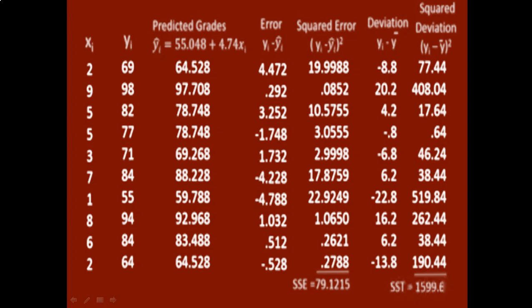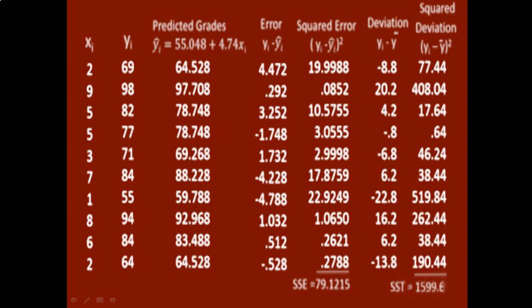Error. We know that error is the deviation between the observed value and the estimated one, which is equal to yi minus y hat. And we will find the squared error. Then we find the deviation. What is the deviation?